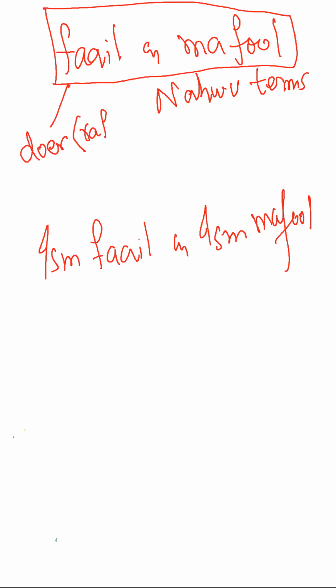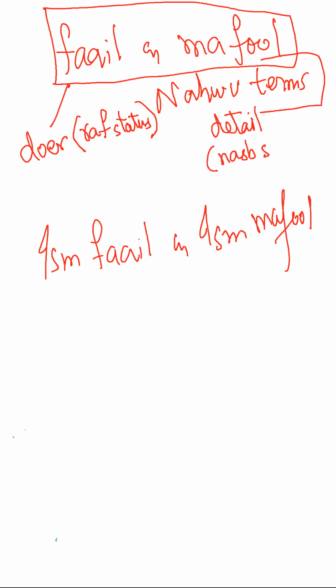Because it will be in the rafa status. Maf'ul, on the other hand, is the detail. It can be any form of ism, right? And it will always be in the nasab status. Okay, clear till now? Yes, Alhamdulillah.